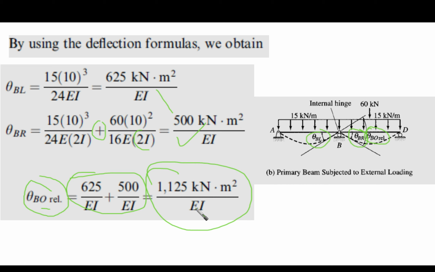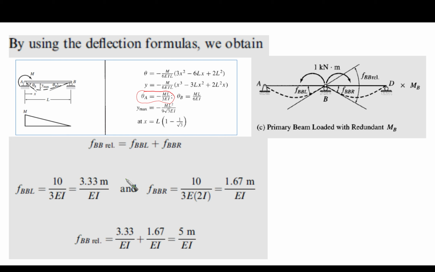Now let's go to the second part, which is FBB relative, the second term in the compatibility equation. How can we obtain it? This is our continuous beam, the primary beam, loaded with the redundant, which is only one unit moment applied here.